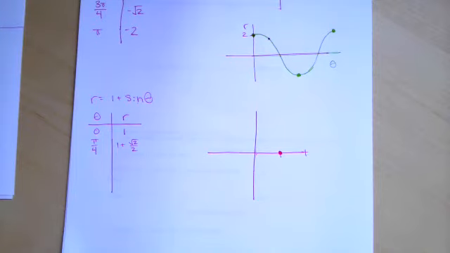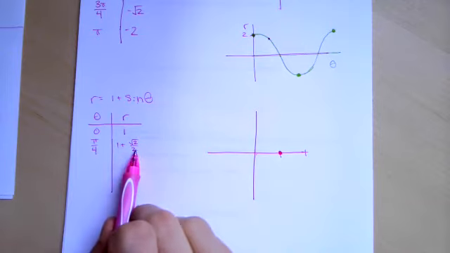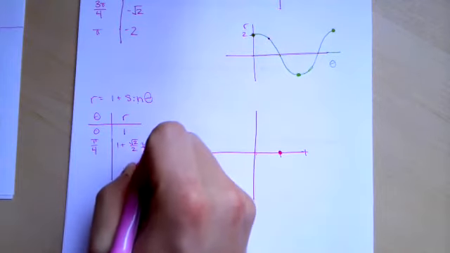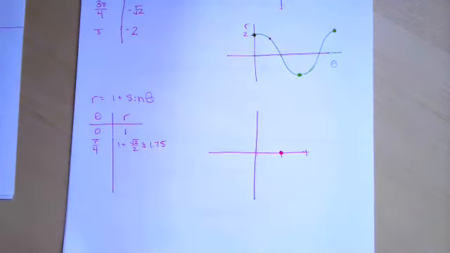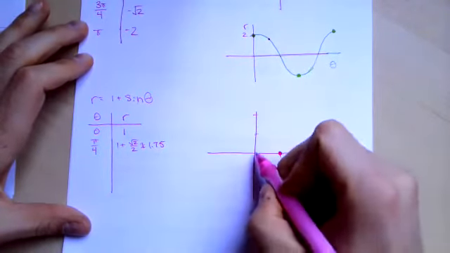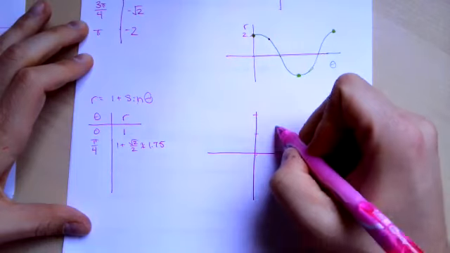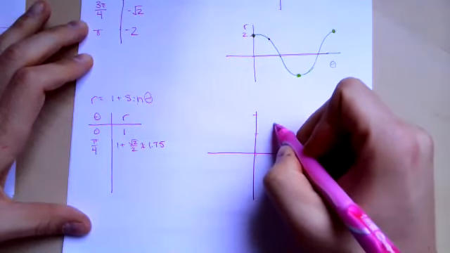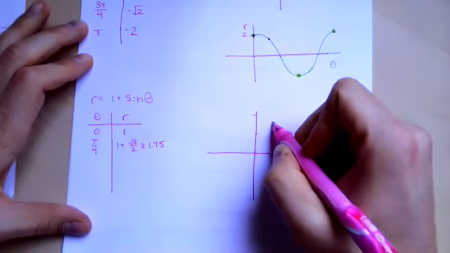Square root of 2 over 2 is about 0.75, since square root of 2 is usually good to approximate with 1.5. So we get about 1.75. So it kind of jumps up to a radius of 1.75.